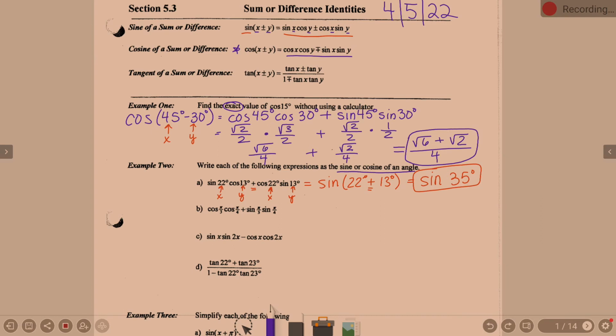This is going to be the cosine of some angle, isn't it? So it's going to be the cosine. What are my x and y values? x y, x y. So this is going to be the cosine of pi over 3 plus pi over 4.